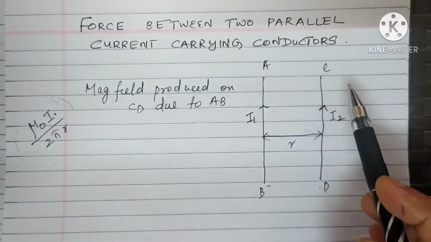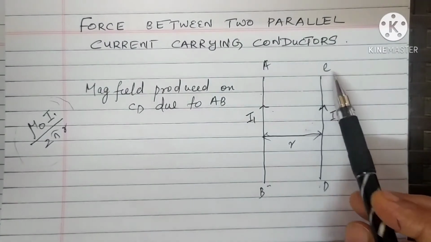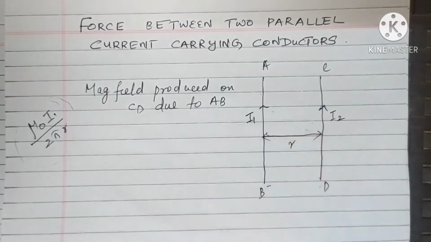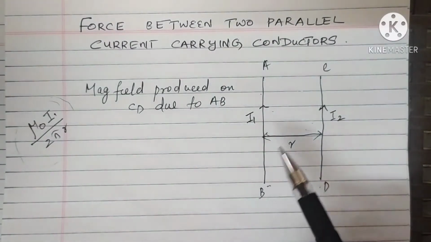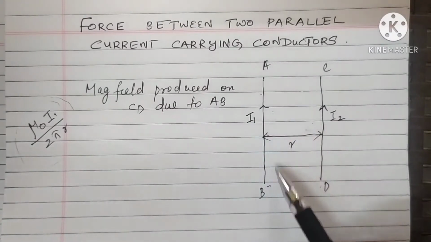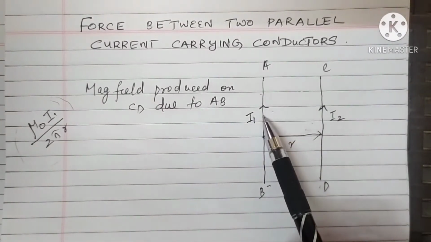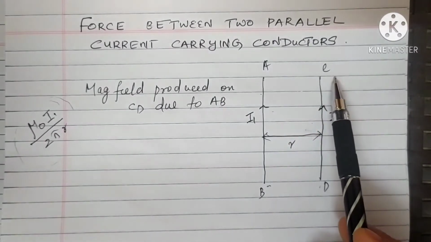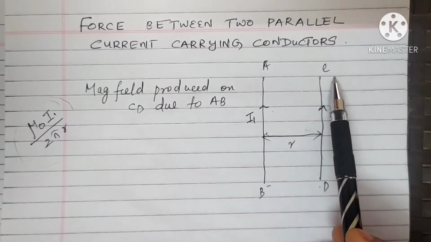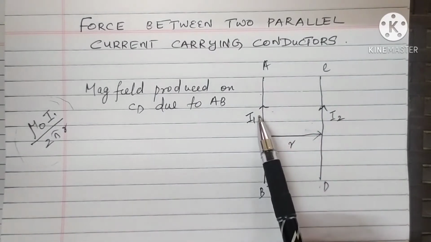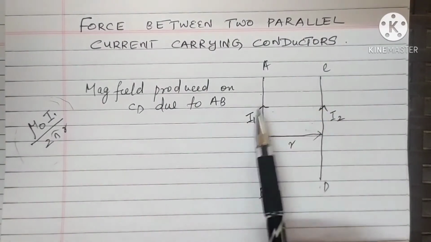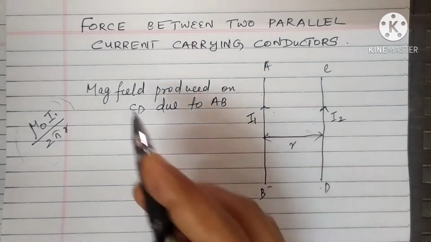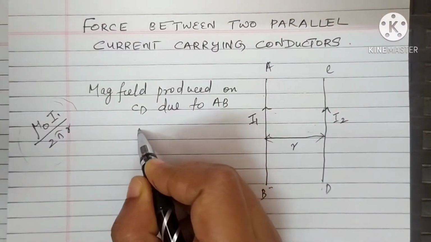Here we are going to find the magnetic field produced on CD due to AB. That means the current I1 which is flowing through AB is the reason for the magnetic field around this CD. Understand?